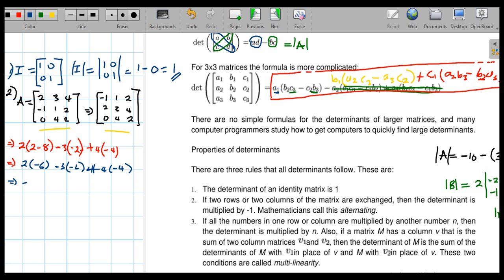So this is minus 12 plus 6 minus 16, which is equal to minus 22. 6 minus 16 is minus 10, and minus 10 minus 12 is equal to minus 22.